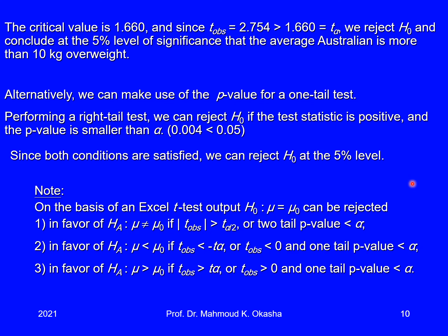Right? So we look at the p-value. If it is less than alpha, or half alpha in a two-tail test, we reject the null hypothesis.